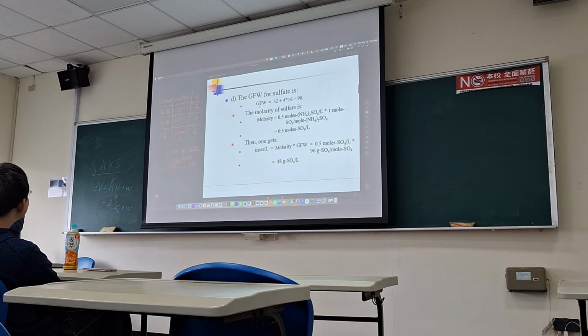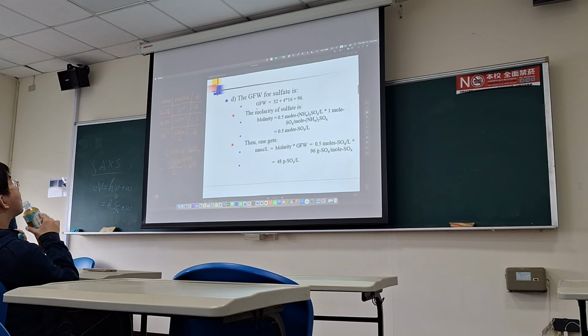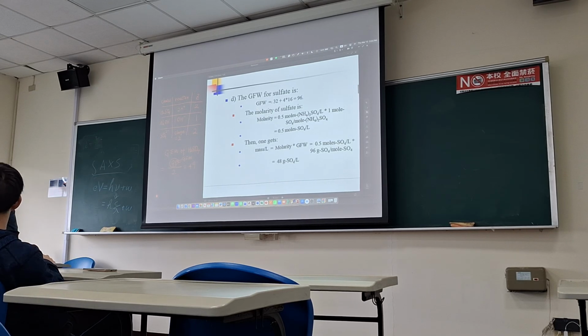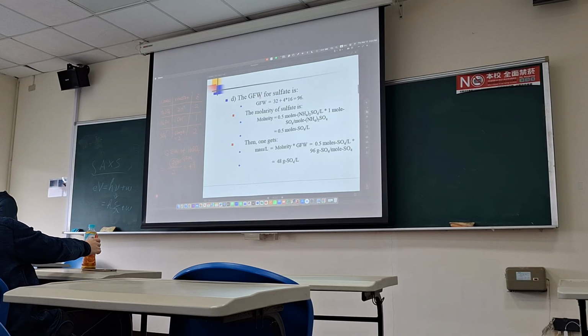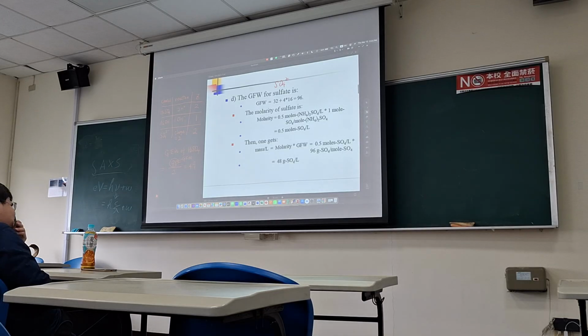If I have the GFW of sulfate, so this is SO4 2 minus, without hydrogen. The sulfate, so this 98 is the GFW of sulfuric acid.